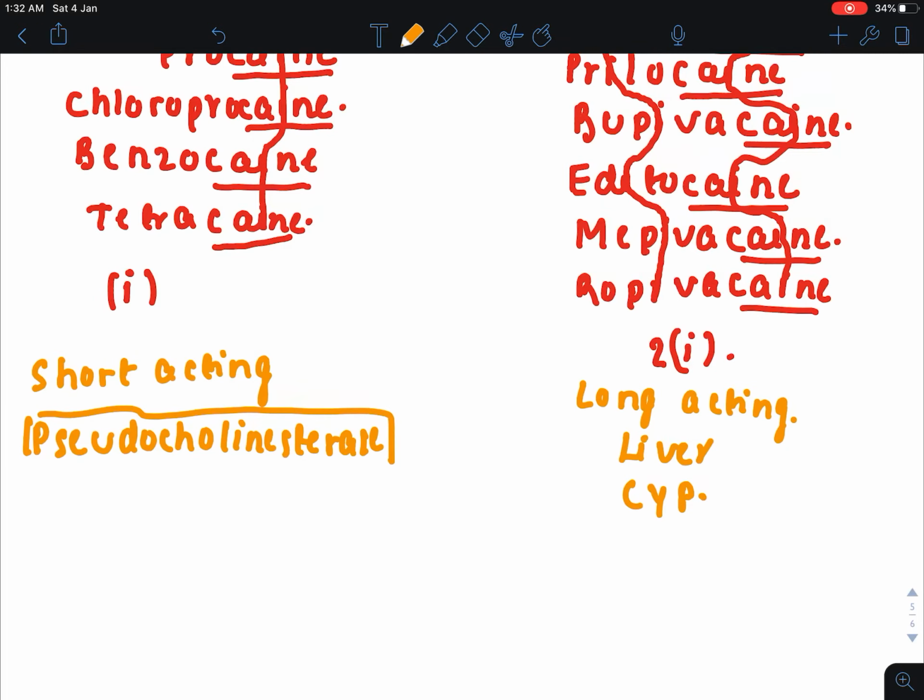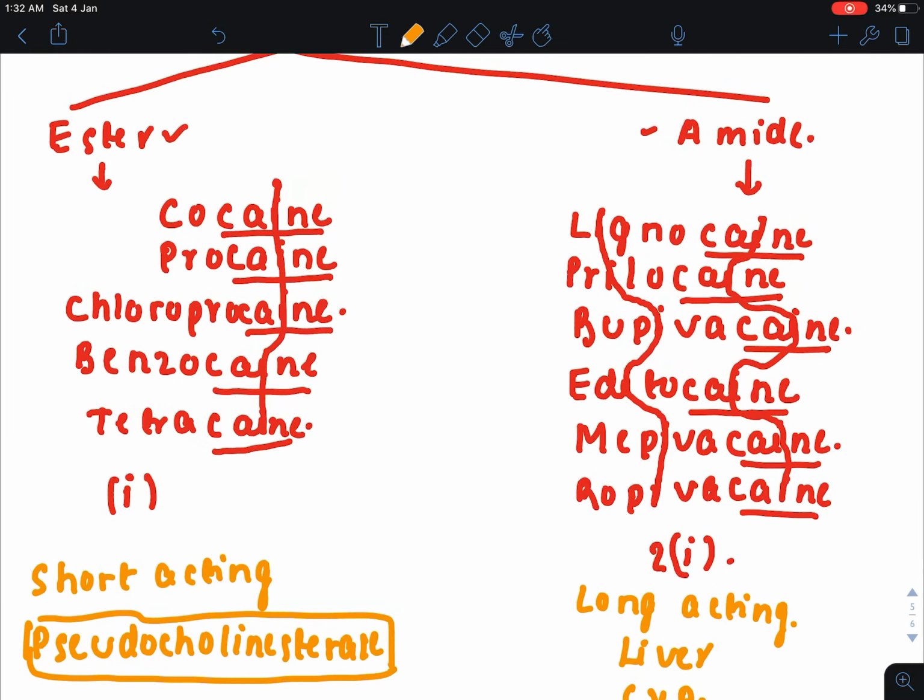Pseudocholinesterase is present in plasma, but one exception in the ester group is cocaine. It is the first local anesthetic and it is metabolized in the liver.